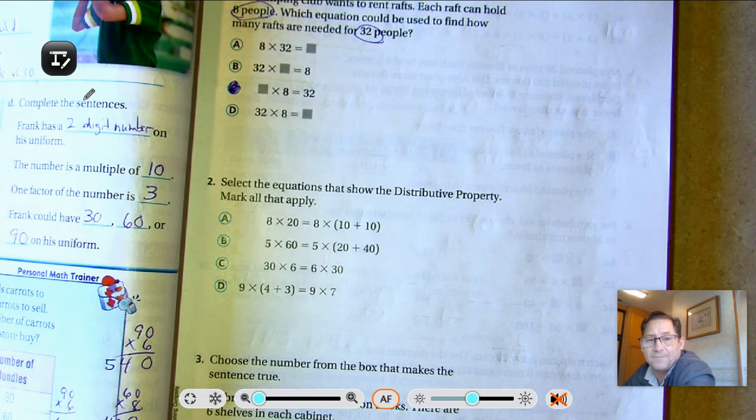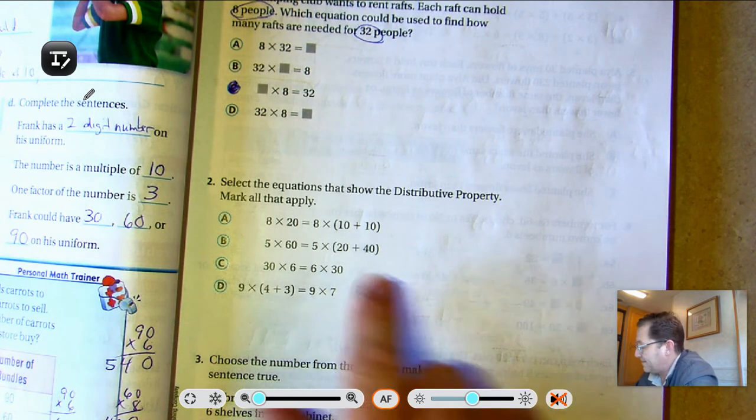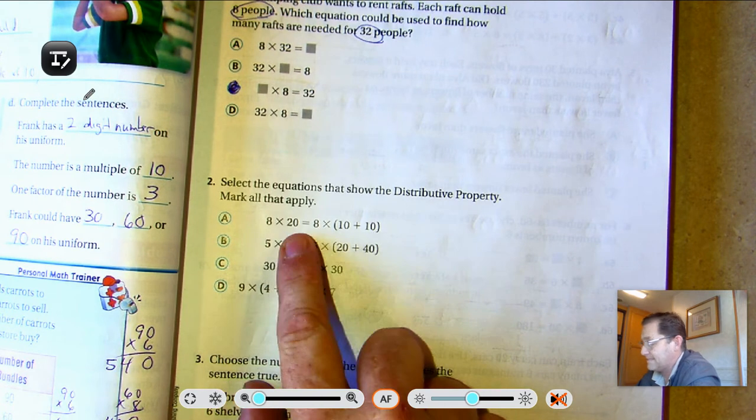So number 2, select the equations that show the distributive property. Mark all that apply. So we're going to look at one of the multiplication problems that has the greater factor and see if they have broken it up on the other side. So 8 times 20. We see the 8 again, and then 10 plus 10. Well, that does equal 20, right?